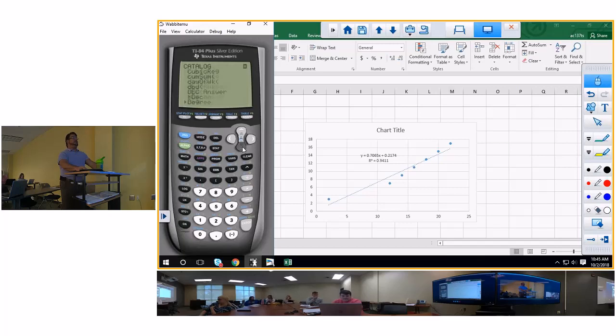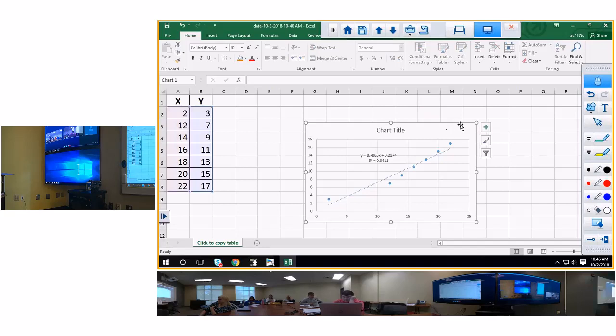What is the R factor? Can anybody tell me? The R factor is basically telling you if there is a correlation. The closer it is to 1, the more correlation you have. What is the square root of 0.941111? Somebody take the square root of 0.941111. What does that come out to be?